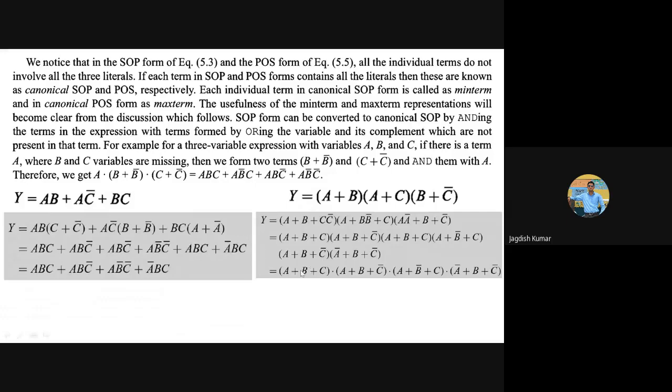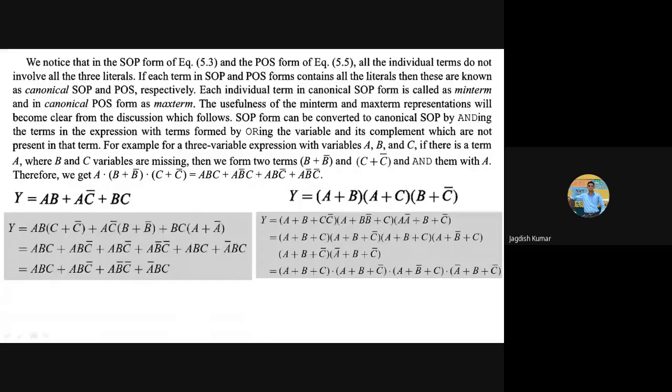Right? So now you can see that each term has all three literals, A, B, C. So this POS form is the canonical product of sum form. Is this clear again? Or is there any confusion on this?